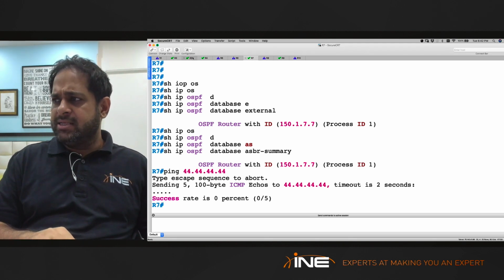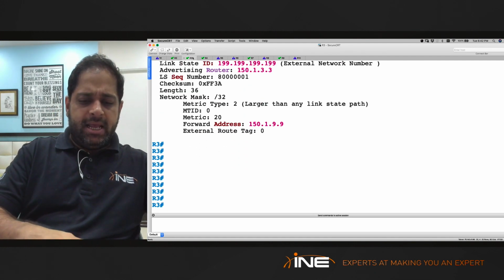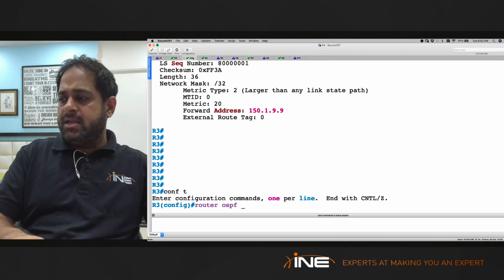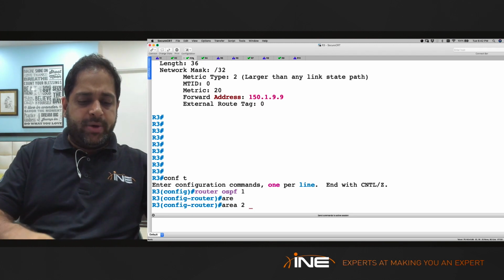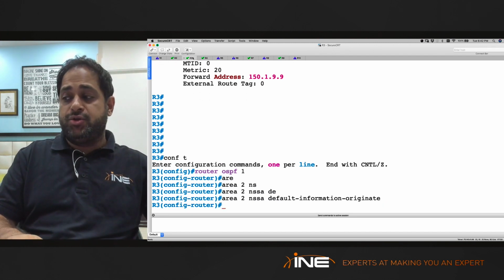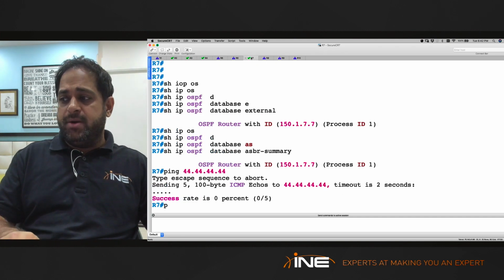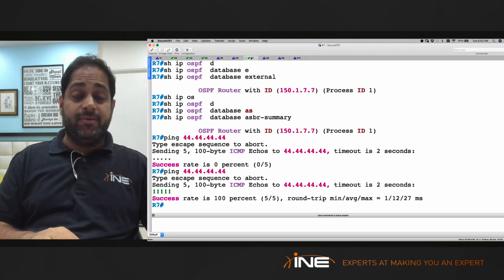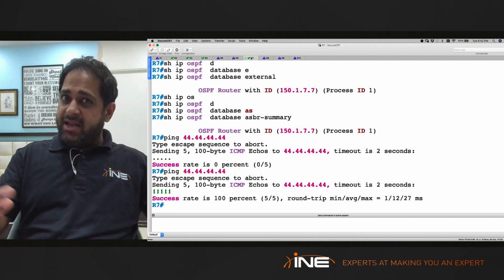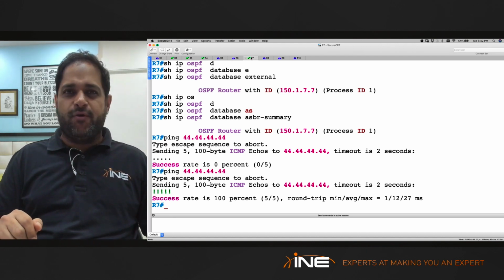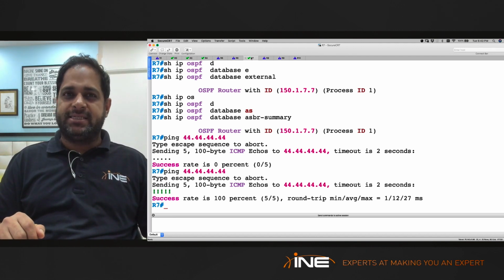Let's do that. Let's go to the ABR and give the command router OSPF 1, area 2 NSSA default-information originate. Once I do that, on R7, if I do a ping, I should be able to ping, which I can. And again, if you remember, I told you that this default route is not a type 3 LSA default route.